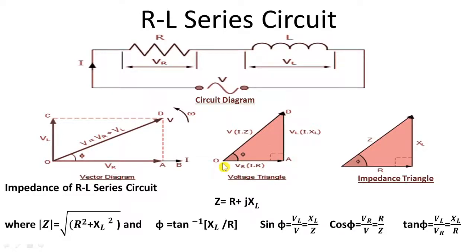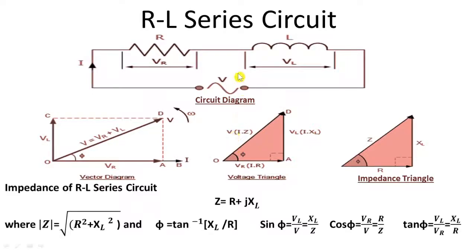The voltage triangle has three voltages: VR, VL and the total or resulting voltage V. VR, the voltage across the resistor, is the current multiplied by its resistance, so it is I into R. VL, the voltage across the inductor, is the same current flowing through this component multiplied by the reactance of the inductor, XL.